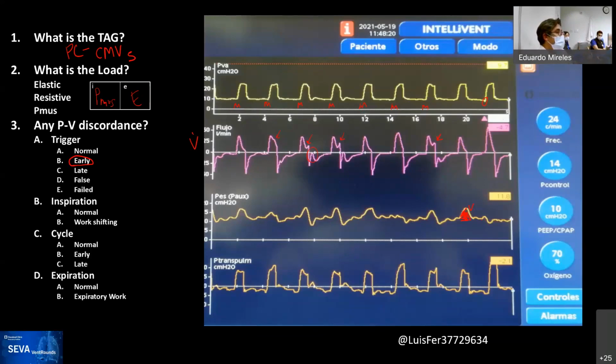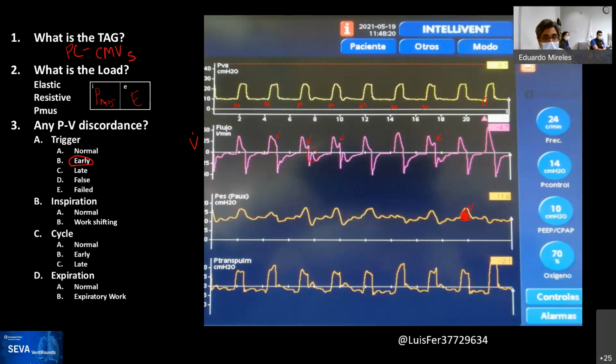So I am not entirely sure that we have an answer right now, but they just published a beautiful article on pigs with a model, the first model for reverse triggering, trying to see the effects on the diaphragm, because we don't know if that hurts the diaphragm or not, and what the effects are. It's in the Blue Journal, and I can send it to all of you after this.